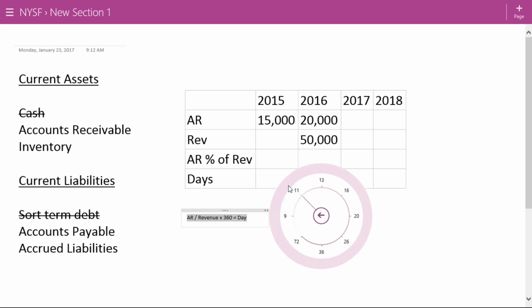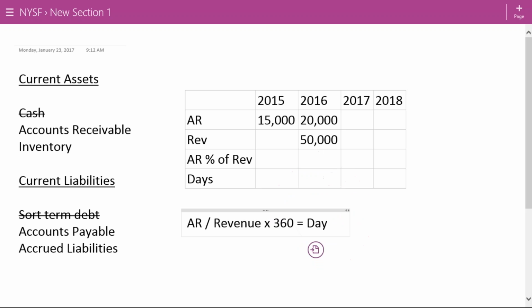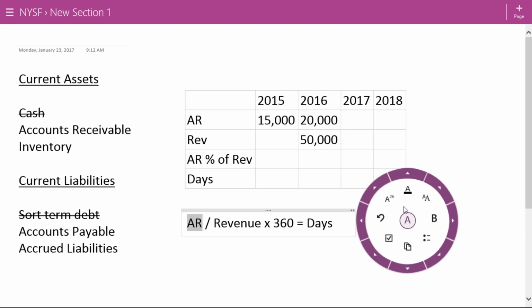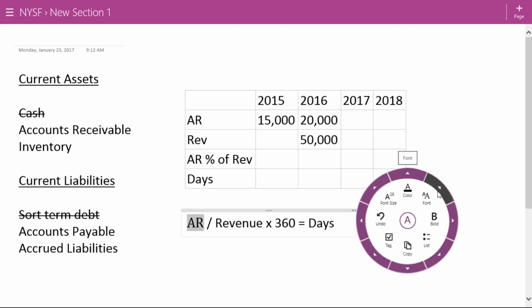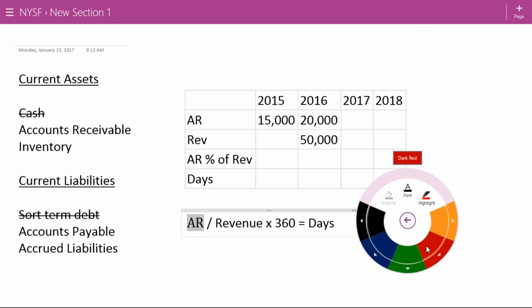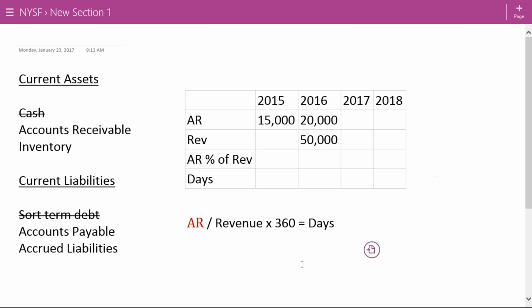Now, if we're in a situation where we have the days, and the variable that we want to figure out is the projected AR, then we can just reverse engineer this formula.